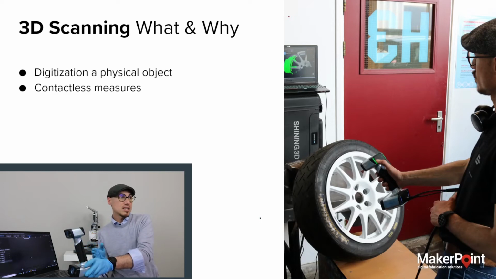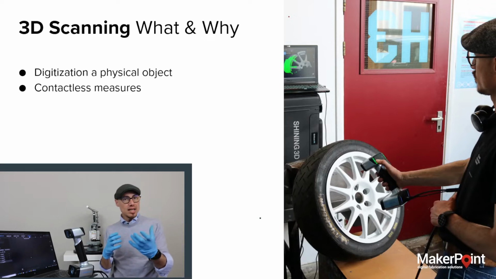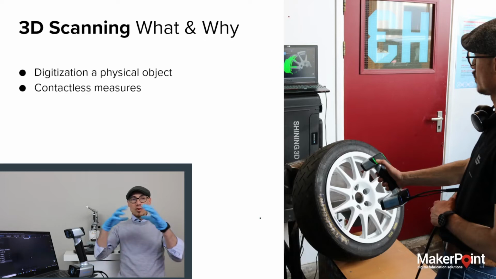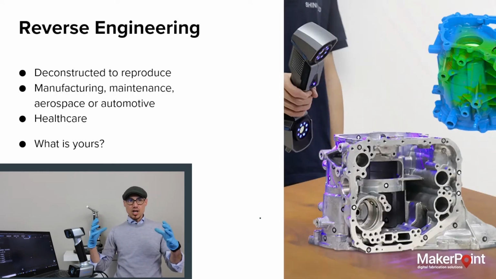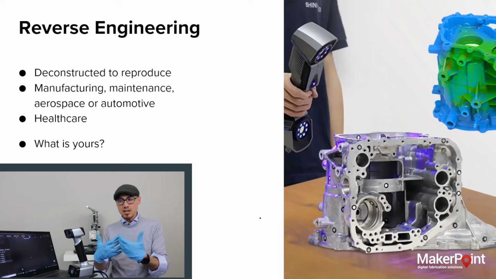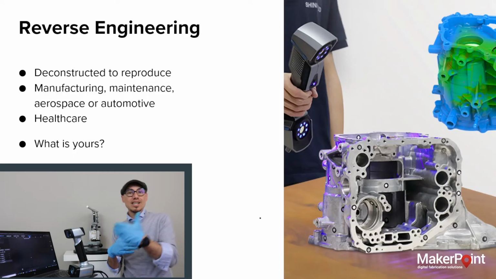Going to the second question, what is reverse engineering? Most of you are going to use 3D scanning for improving existing parts. So in a way, this is reverse engineering. Reverse engineering is when we decompose a complex shape into many simple geometries in order to discover the design that shapes it, and also to be able to improve it, change it, fix it.